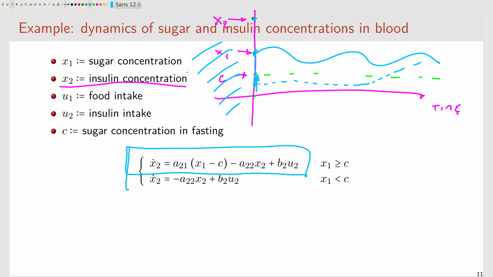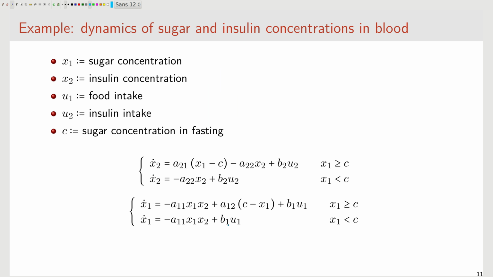This is the separation principle. We can write something similar also for x1. Those equations have some physical interpretation, and I suggest you think a little about what they mean from a physical perspective, and about the biological interpretation.